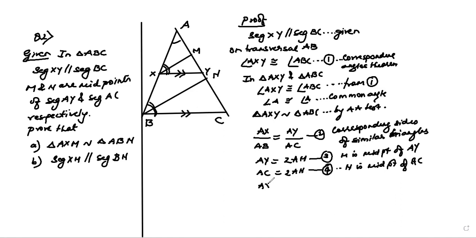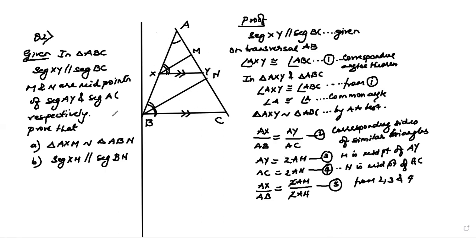Therefore, AX upon AB equals, what will happen? Twice AM upon twice AN. Call this statement number 5, from 2, 3, and 4. And now this 2 and 2 get cancelled, children. So now you know AX upon AB equals AM upon AN.